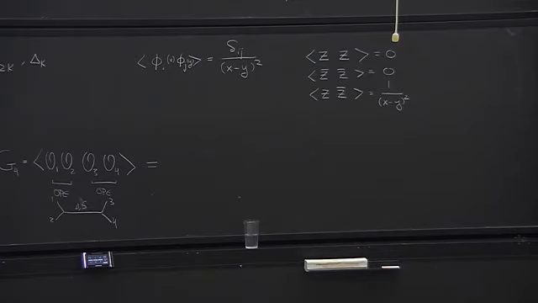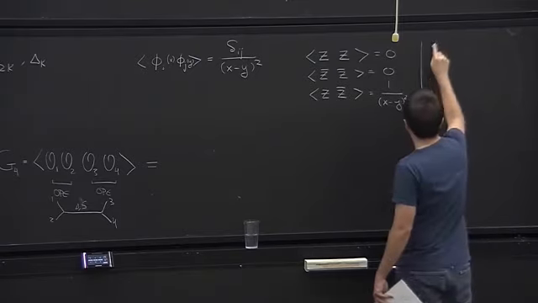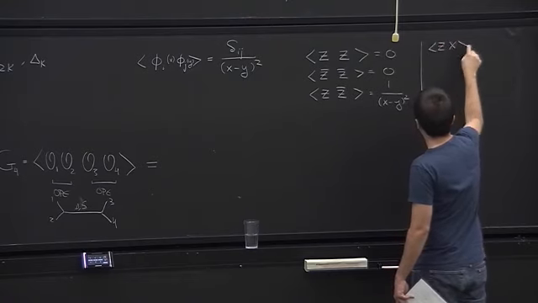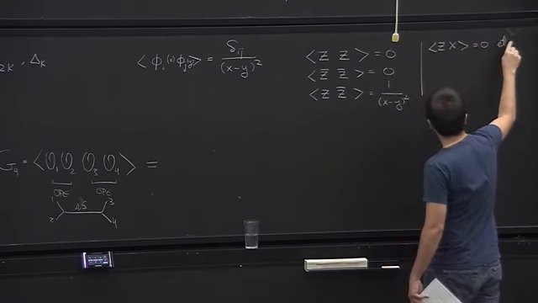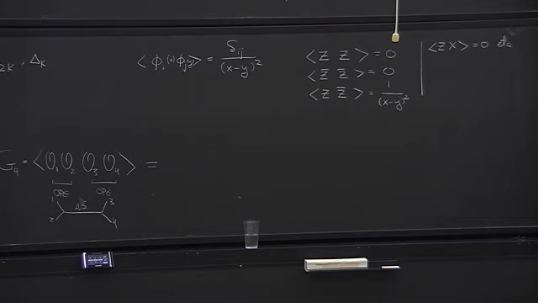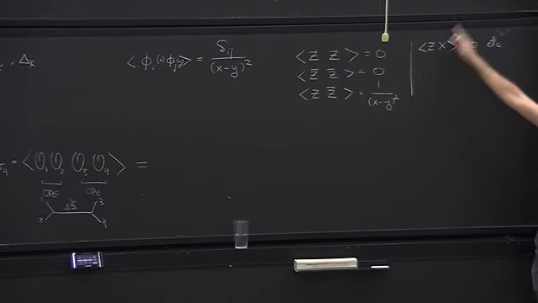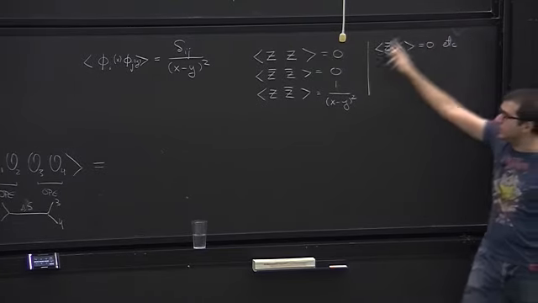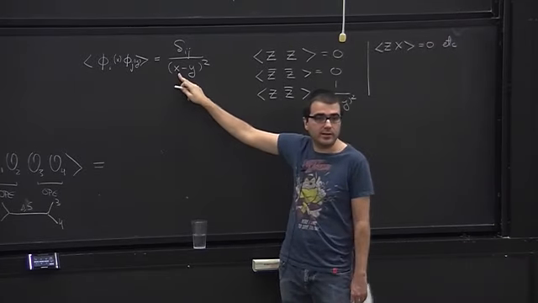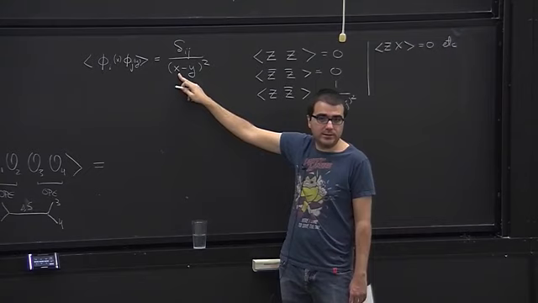And similarly for the other fields. And also z with x is equal to 0, etc. So please tell me, do you agree that z with x and so on equals 0? It's obvious, because z contains scalars phi 1, phi 2, and the x contains different scalars, so of course it follows immediately from this. That's clear, right?